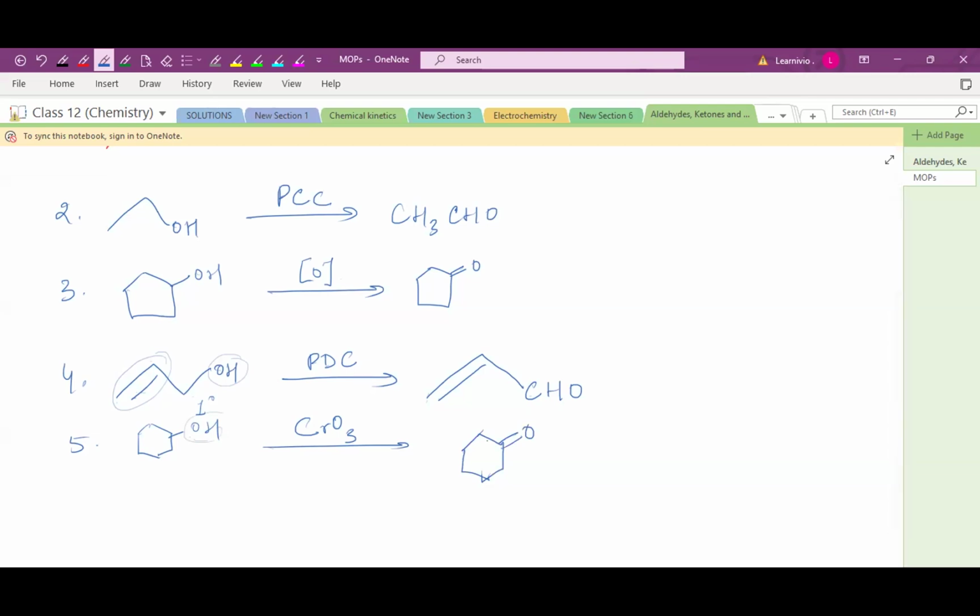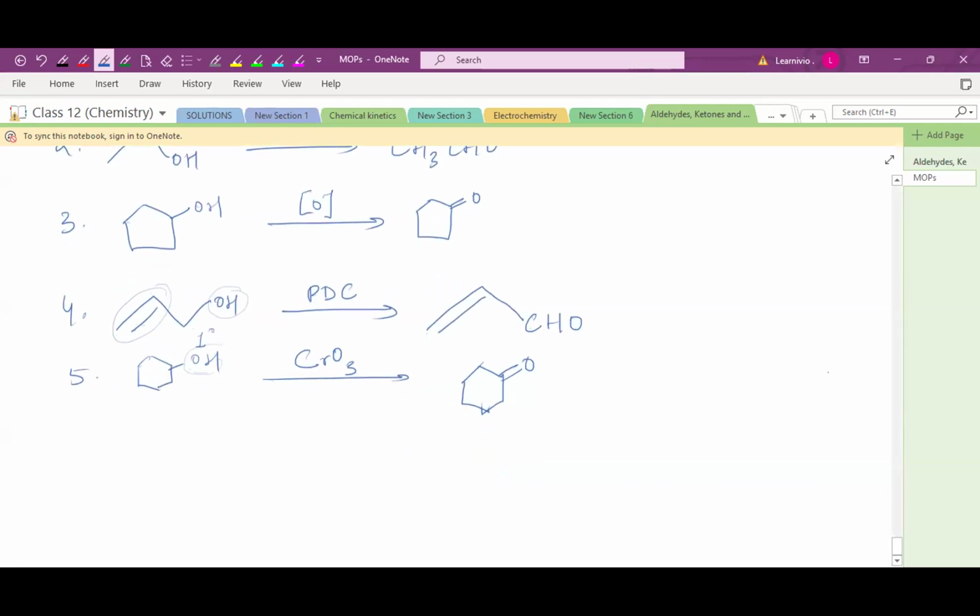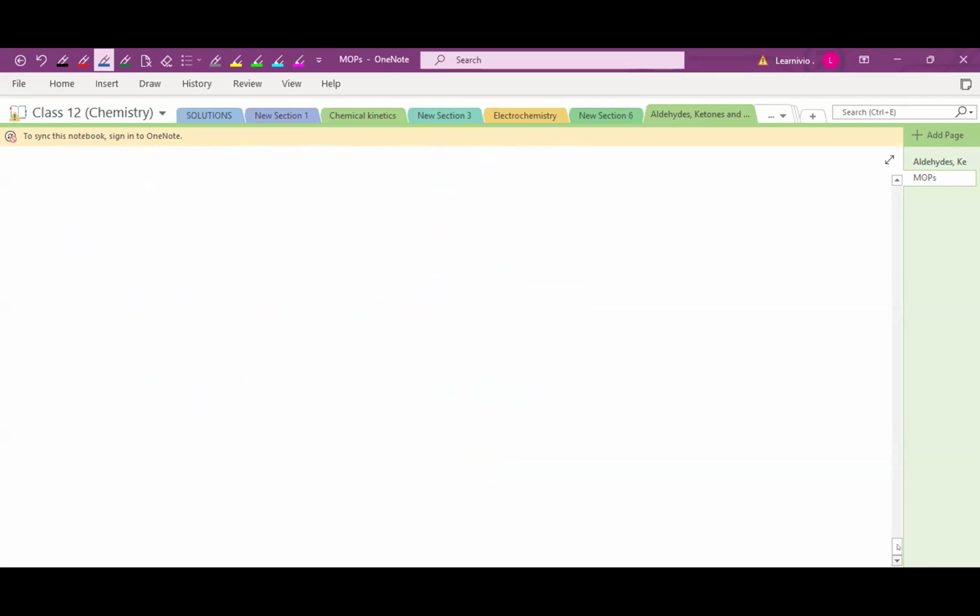Now, if we use a strong oxidizing agent, just like your potassium dichromate, potassium permanganate, on primary alcohol, it will convert the primary alcohol into a carboxylic acid. If in the question they just give you the strong oxidizing agent, just convert the primary alcohol to a carboxylic acid, not to a carbonyl compound.